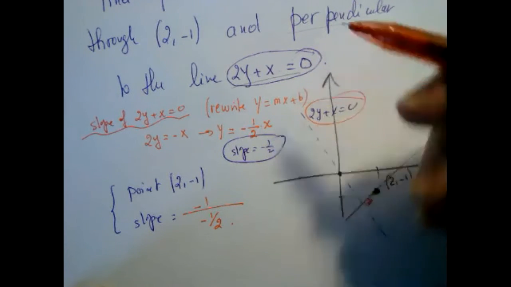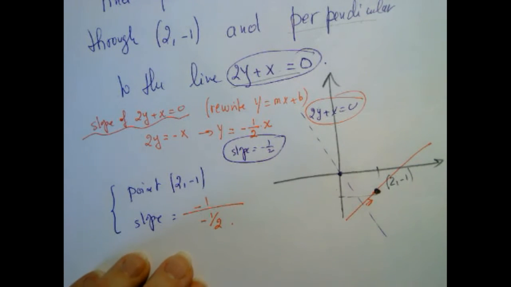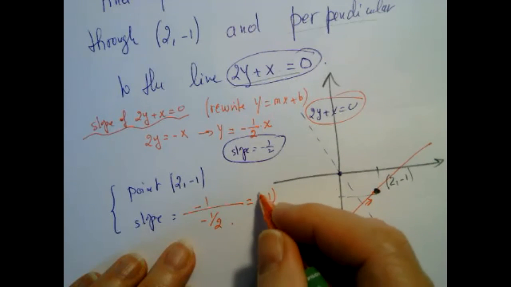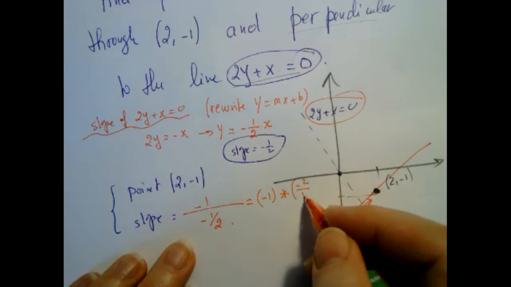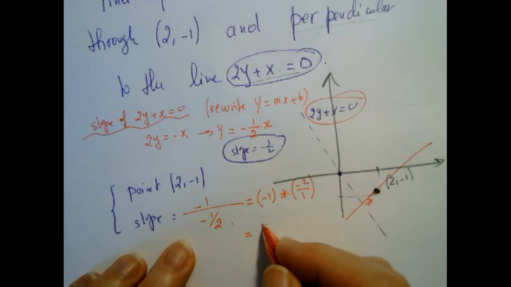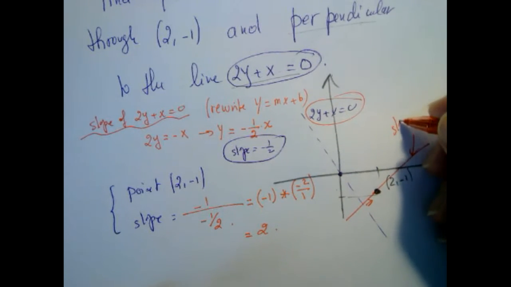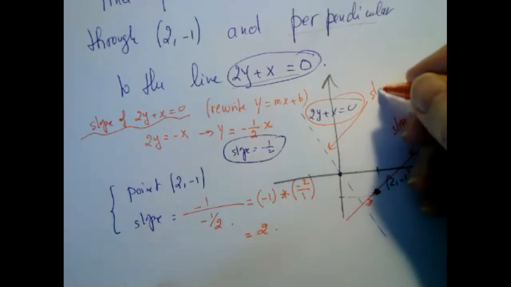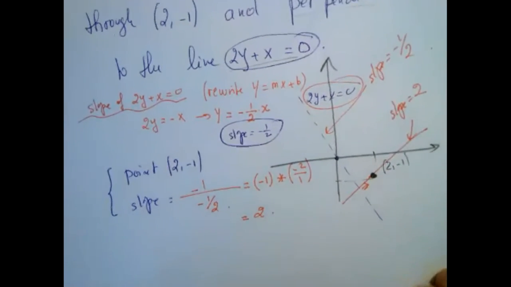When I have it, the slope of the one I'm interested in is minus 1 over it. Now I compute this: property of fractions, minus 1 times minus 2 over 1 is equal to 2. It means this line has slope 2, and the other one has slope minus a half.